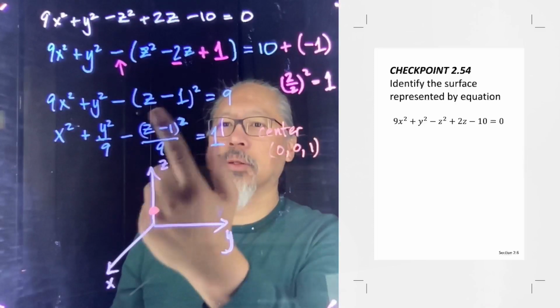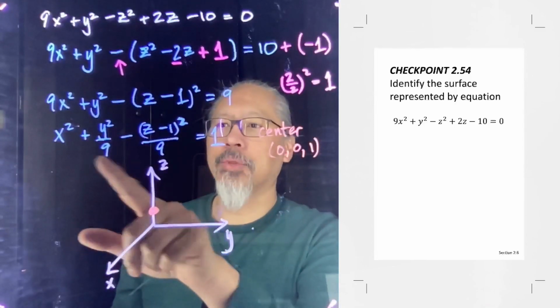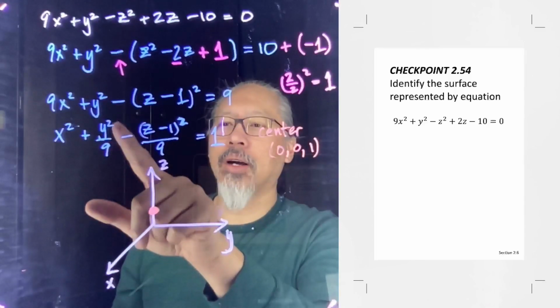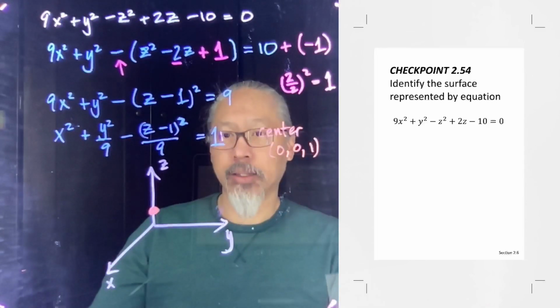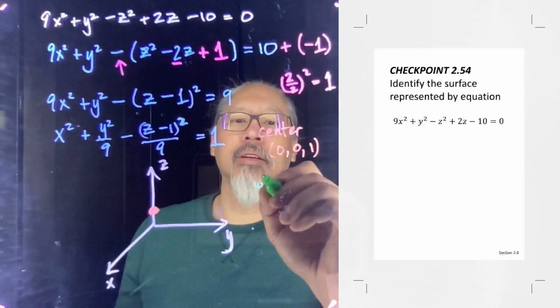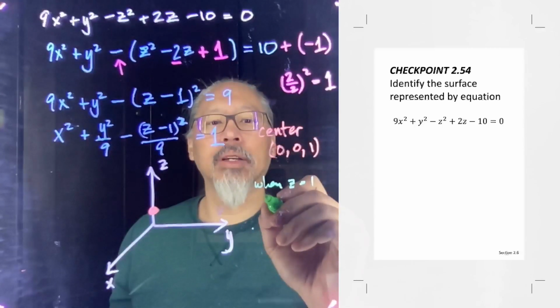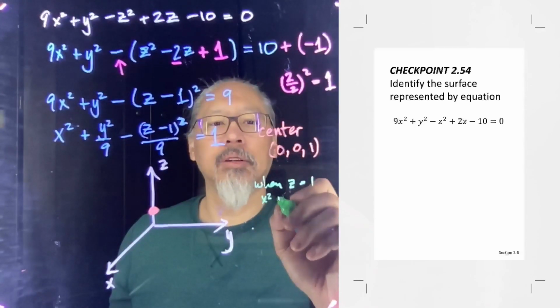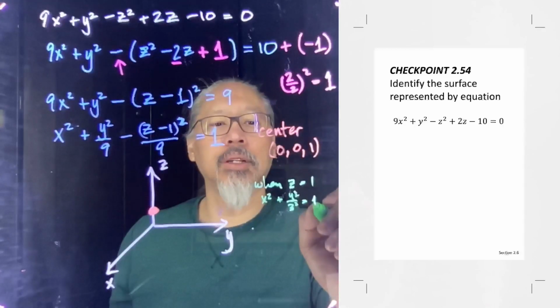When z is equal to 1, this term will be 0, and then you have an ellipse: x squared plus y squared over 3 squared is equal to 1.